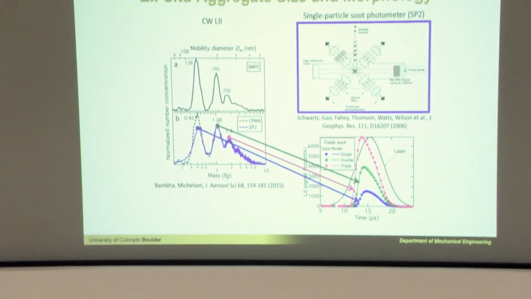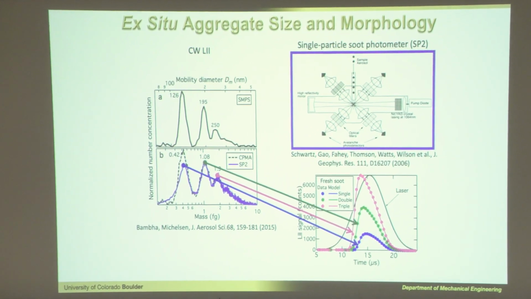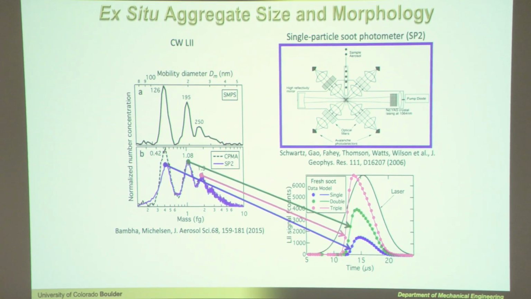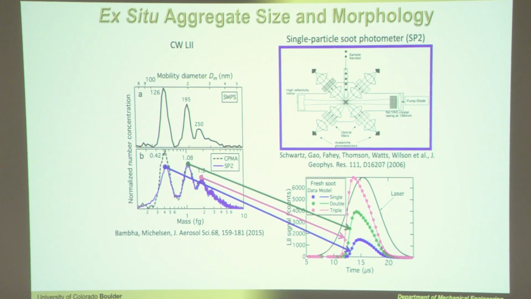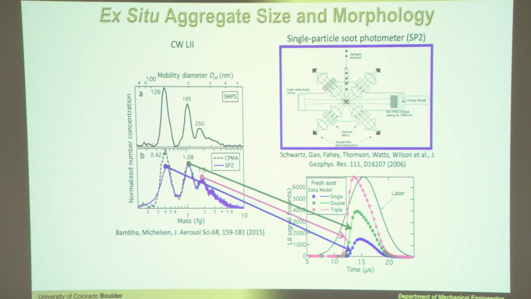So you can then see the different parts of your distribution as a function of time, because you see one particle at a time instead of a whole distribution of particles. Okay.